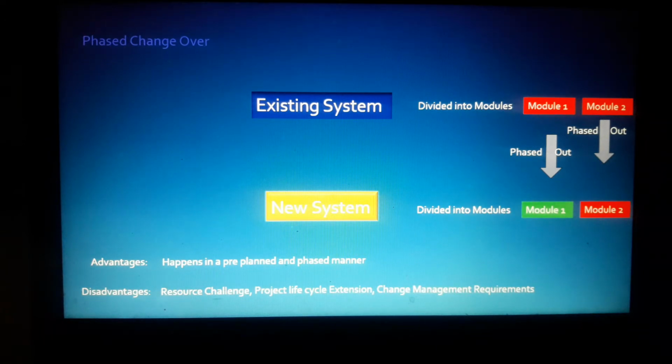On the operation side, you need to parallelly prepare the procedures, guides and policies, etc. These are some of the resource challenges, and also there is project life cycle extension, covering both the systems, and change management requirements. So, these are the disadvantages of phased changeover.